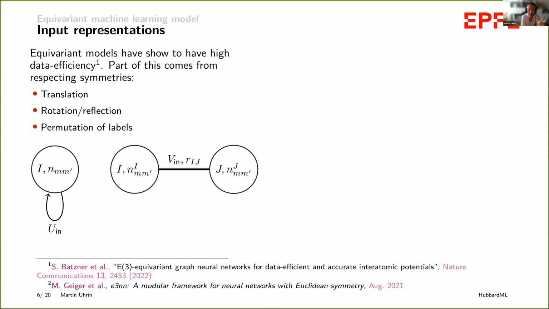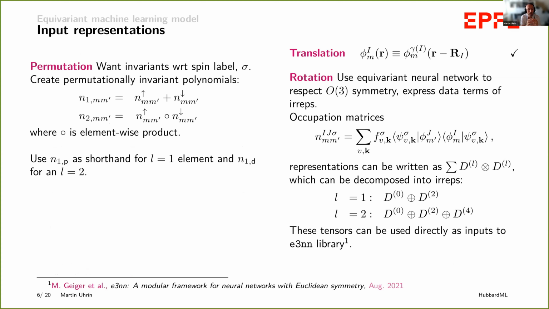And then the final one is permutation of the atom labels. Well, the only one we really need to worry about is the spin up-down label. If the neural network was fed spin up-down and then you swap the two as inputs to the neural network, it wouldn't know that those were the same objects, just changed in label, and it wouldn't know that it should produce the same U or V value as output. So to fix this, we just create permutation invariant polynomials from the original occupation matrices.